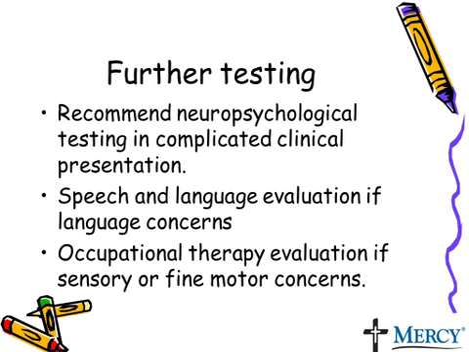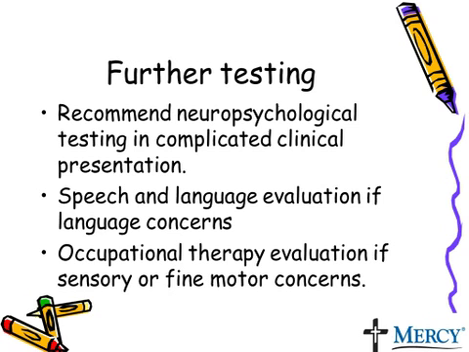After we do our evaluation, make our assessment and recommendations, sometimes we will decide that further testing is indicated. If there's a history of learning problems or significant emotional problems that are interfering, we may recommend further testing, either neuropsychological testing or a complete psychoeducational evaluation.